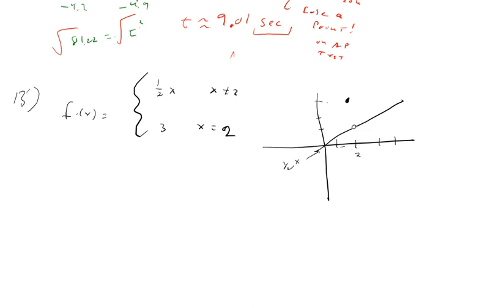First question is, does the limit as x approaches 2 of f of x exist? And it says to justify. Justify your answer.